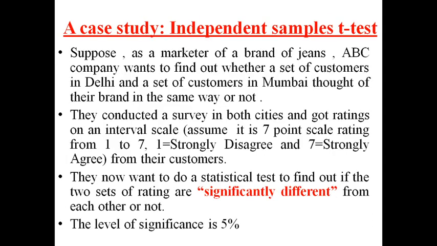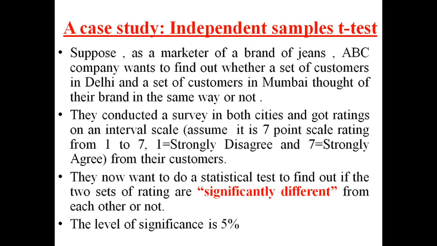Now we will consider a case study of this independent samples t-test. So what is the case study? Suppose, as a marketer of a brand of jeans, ABC company wants to find out whether a set of customers in Delhi and a set of customers in Mumbai think of their brand in the same way or not. They conducted a survey in both cities and got ratings on an interval scale.